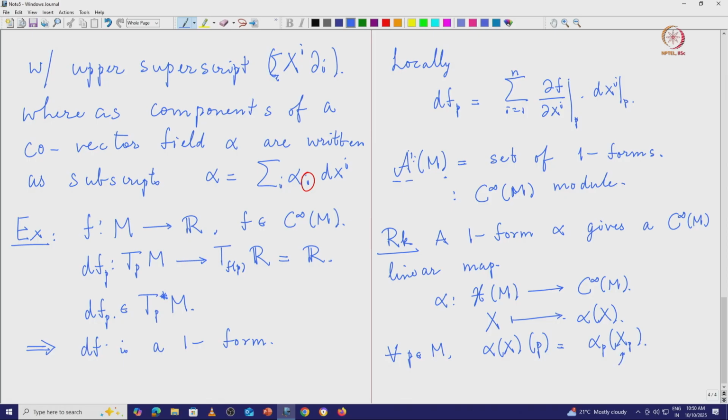Xp is a vector, so alpha p evaluated at Xp is a real number. So for each p, alpha of X gives you a real number, and as p varies, alpha X of p also varies smoothly. So alpha of X gives you a smooth function on M.